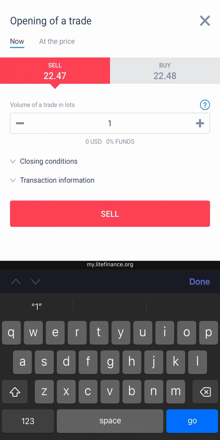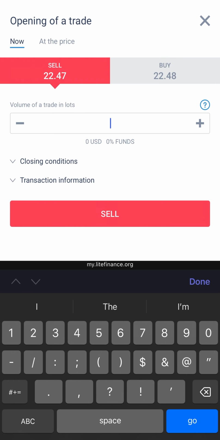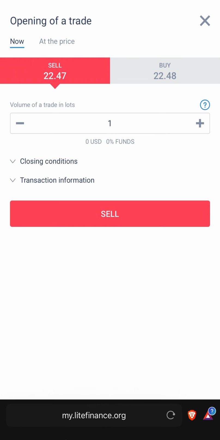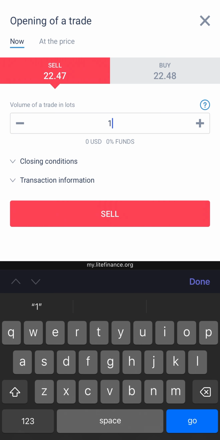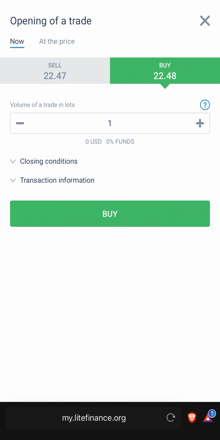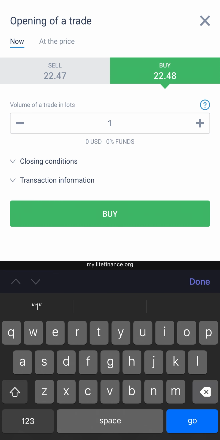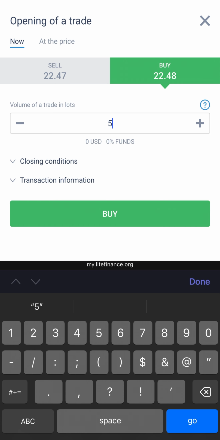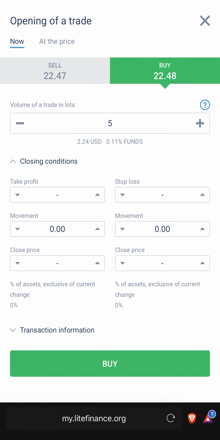Then here I need to put the volume or the size of the trade I want to place. So let's say I want to use 0.5. That's what I want to place a trade with. Okay, I think the minimum is one lot. Then I want to buy, or let's even try 5. You don't need to place a stop loss or take profit on this since we are trading it in form of investment, right?